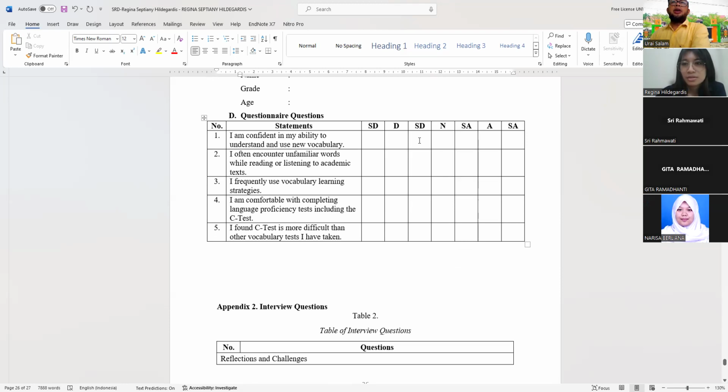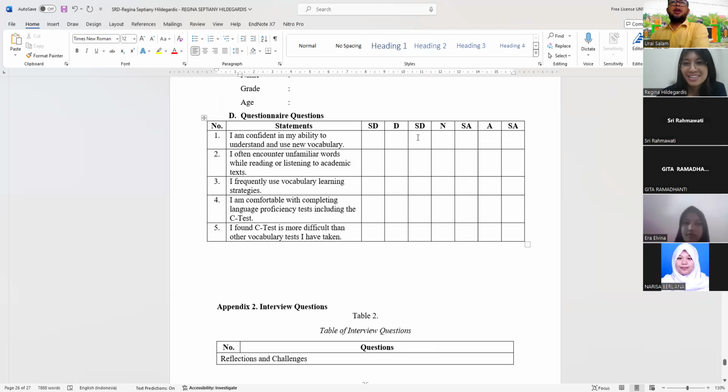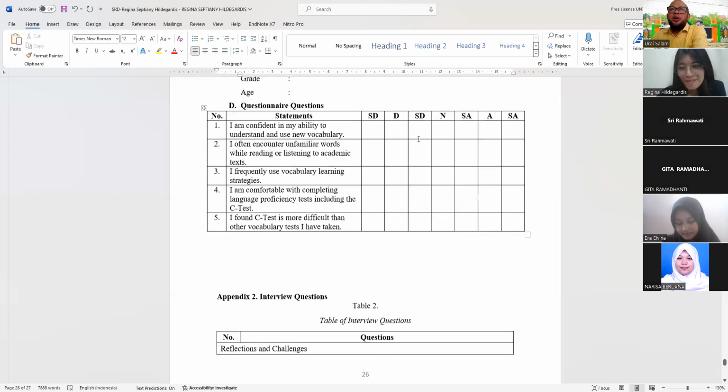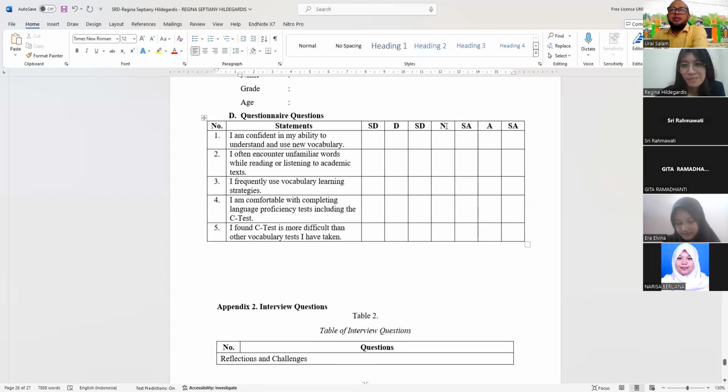SD, D, strongly disagree, somehow disagree, awesome. It's a 7 point scale. Somehow. Netral? Yes, neutral. Apa netral?